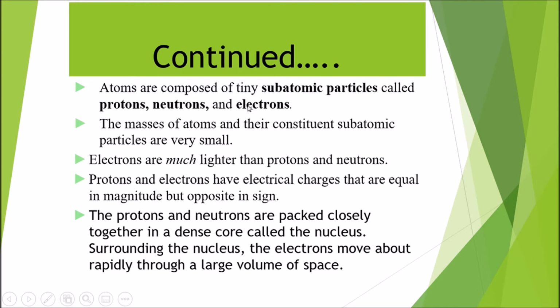But they are still important. So the masses of atoms and their constituent subatomic particles are very, very, very small. It's a small amount of mass, but it's still there.